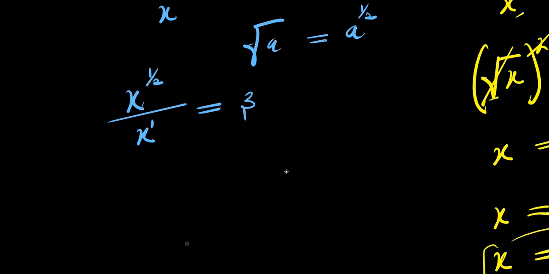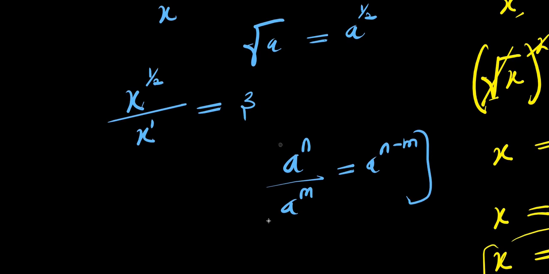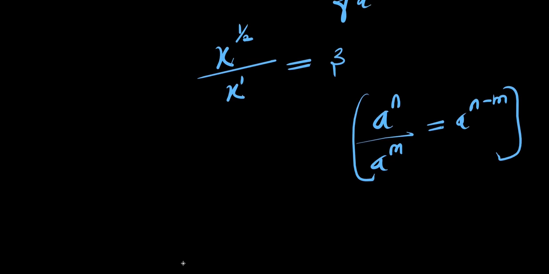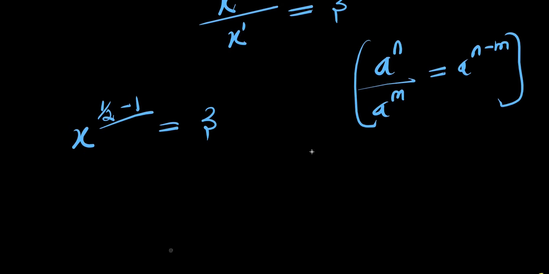Remember, if you have a power n divided by a power m, this equals a power n minus m. So what this simply means is that I can have x power 1 over 2 minus 1, and this equals 3. So you have 1 over 2 minus 1. This is negative 1 over 2.